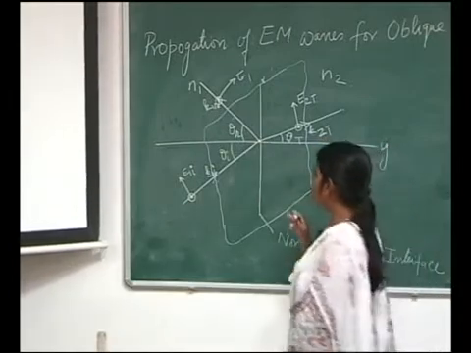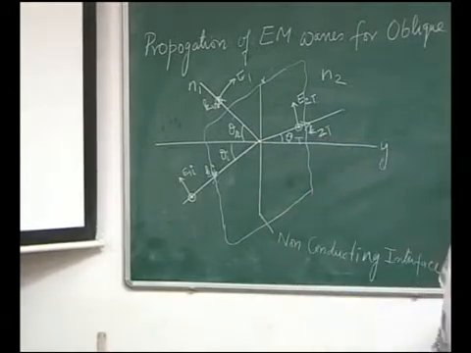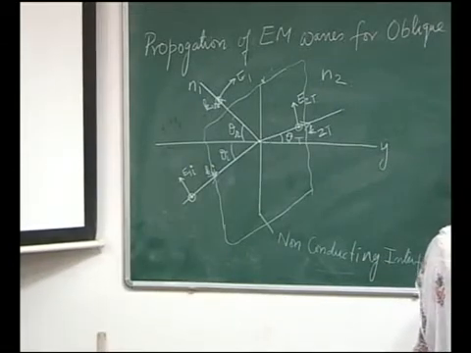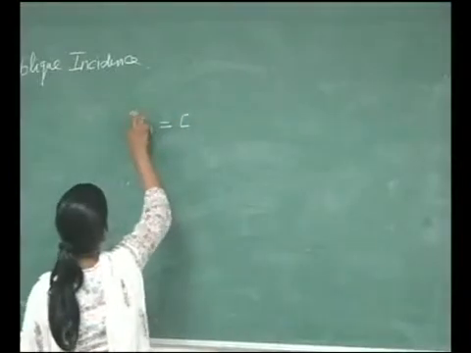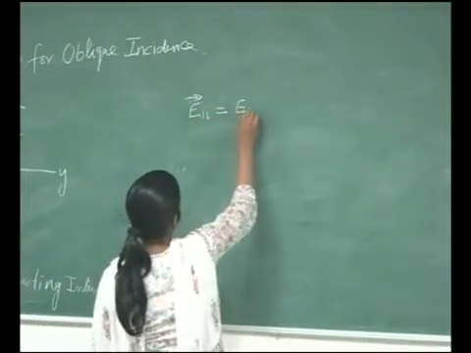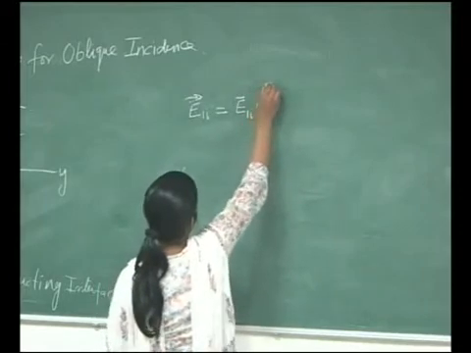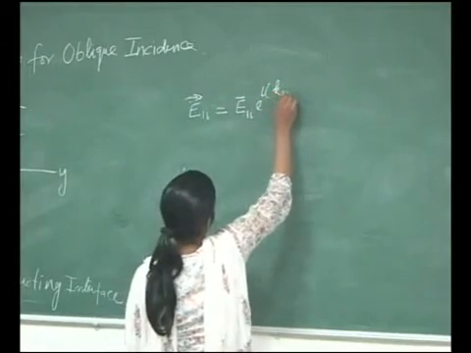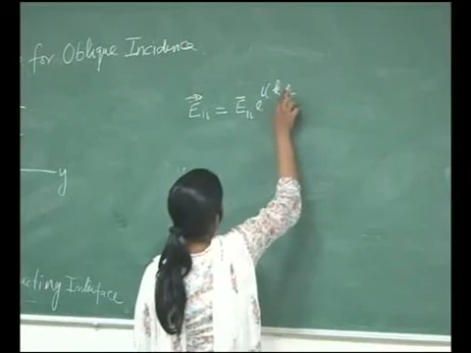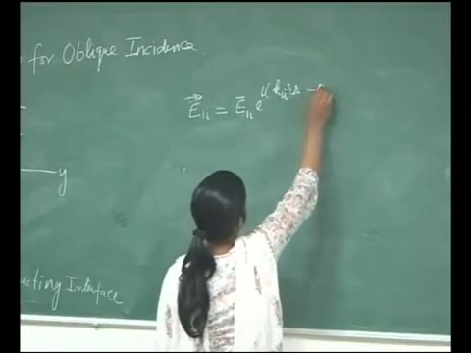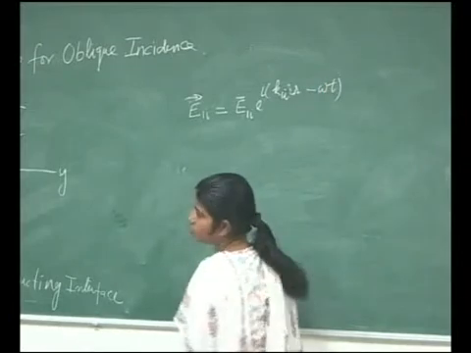So first we will write down the expression for electric field. I can write the vector E1I is some average amplitude E1I times e to the power i(K1I dot r minus omega t), where r is the position vector.